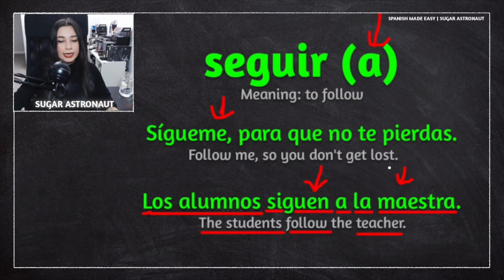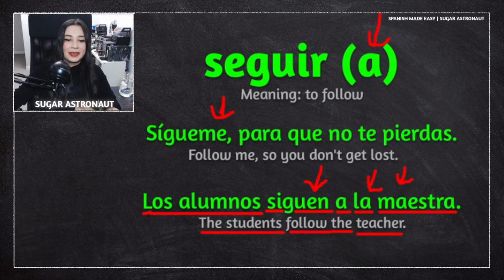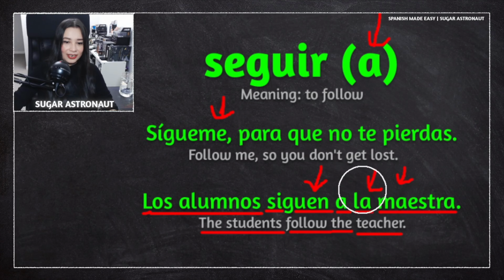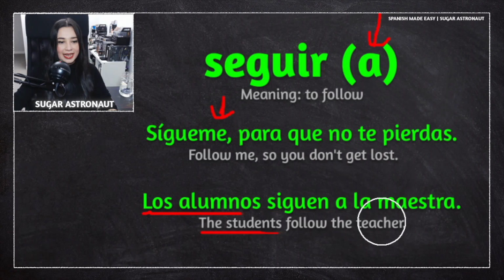And of course, we need the definite article la, because we're talking about la maestra, female teacher, feminine article. We need that definite article. La maestra. Feminine article as well. The teacher. La maestra.